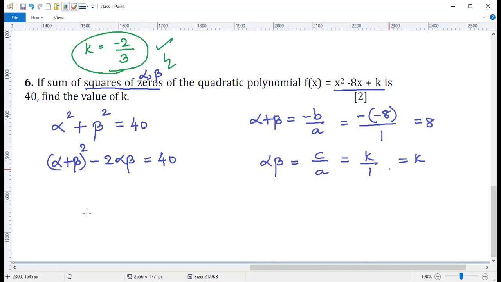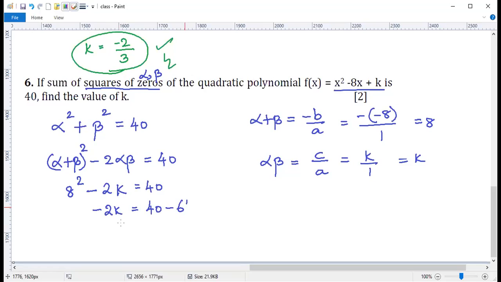So when you substitute it, in place of alpha plus beta, I can substitute 8 squared minus 2 times alpha beta, which is k, is equal to 40. So what is minus 2k equal to? What is minus 2k? It is 40 minus 8 squared is what?